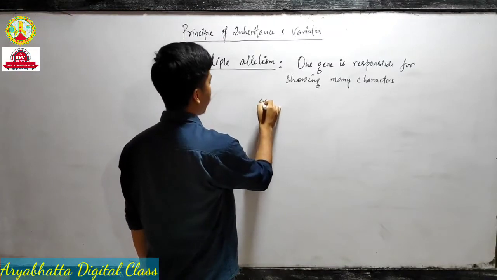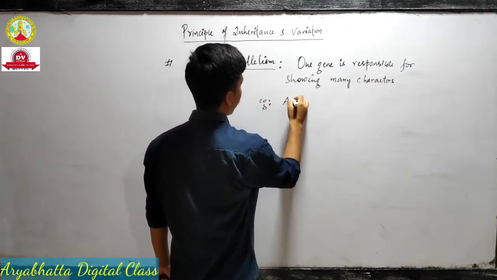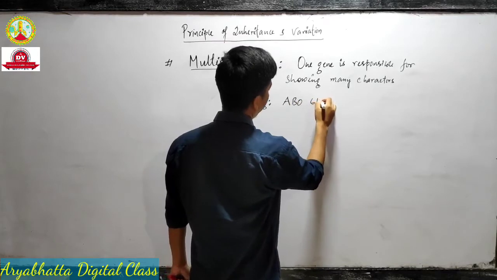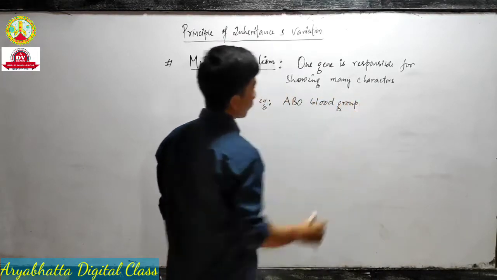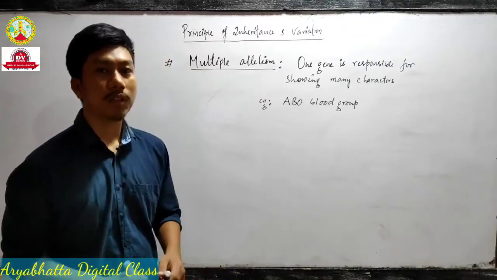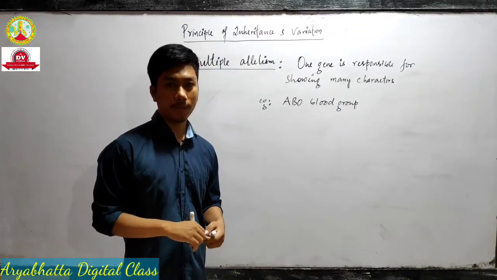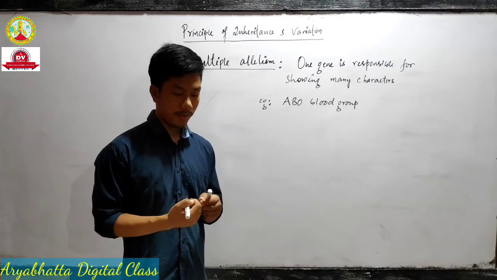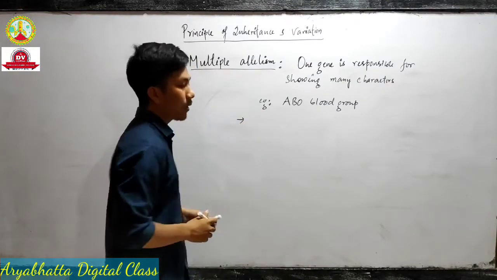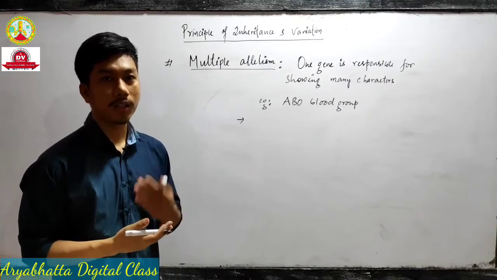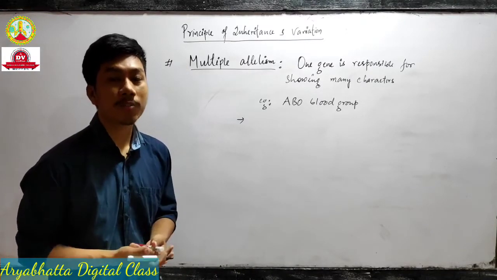Multiple allelism is seen in case of ABO blood group. Now the next important thing we need to know is multiple allelism can be detected only in a human population.